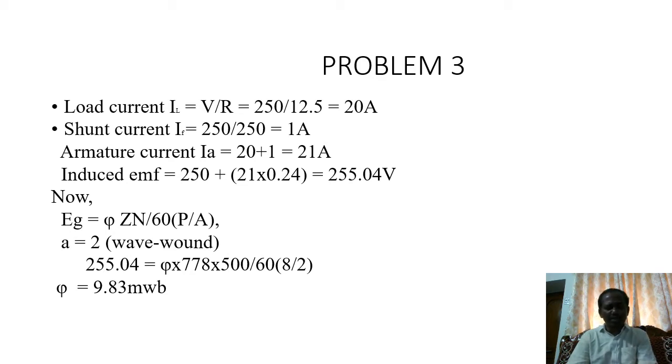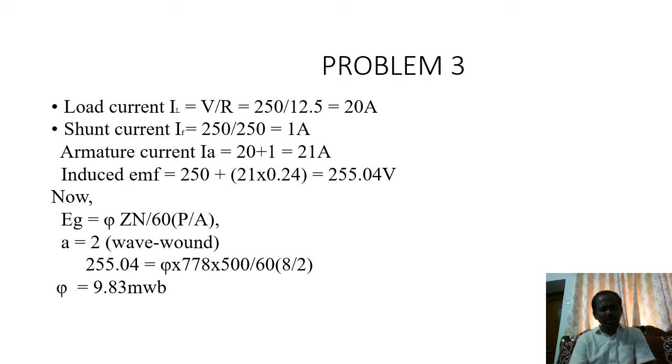Now you can substitute in place of Eg: 255.04, pi flux into 778 into n 500 divided by 60, and the number of poles is given, P is equal to 8, divided by A is 2. So the flux pi is 9.83 milliwebers.